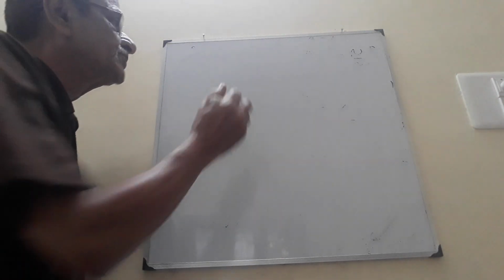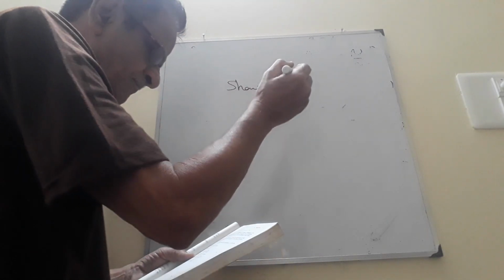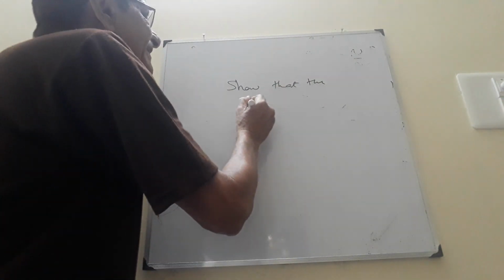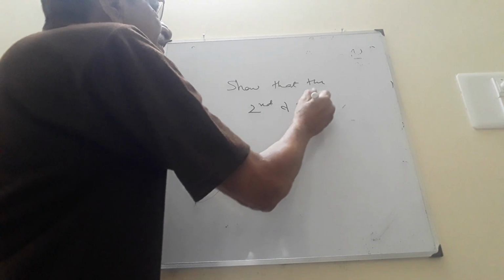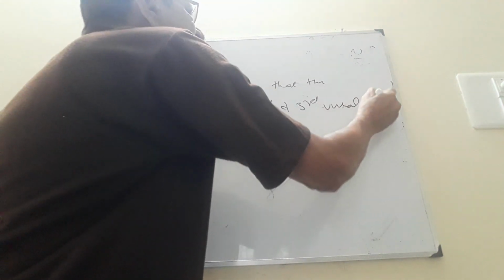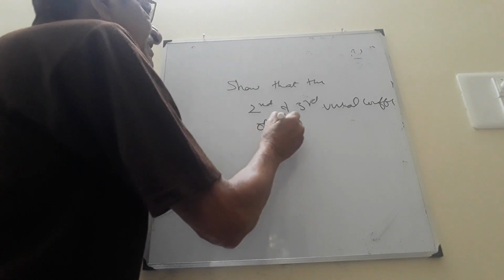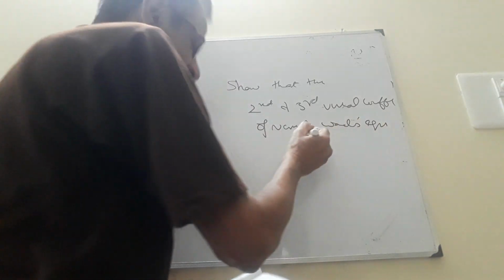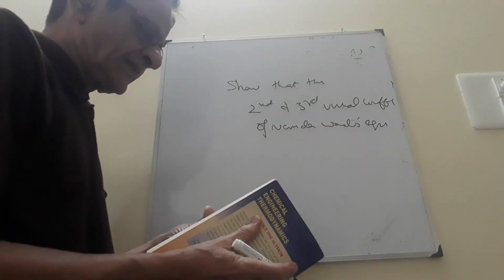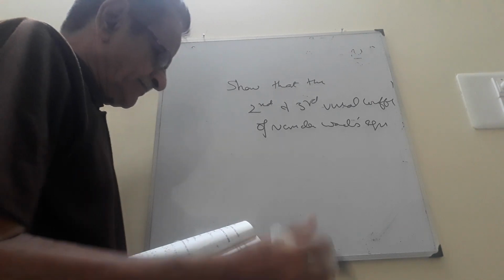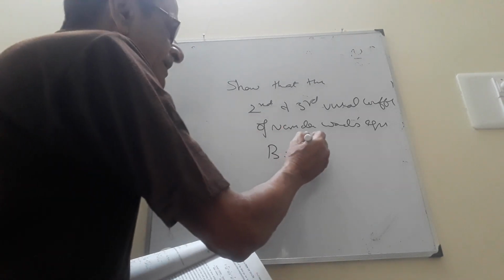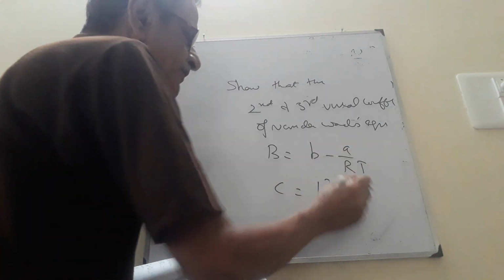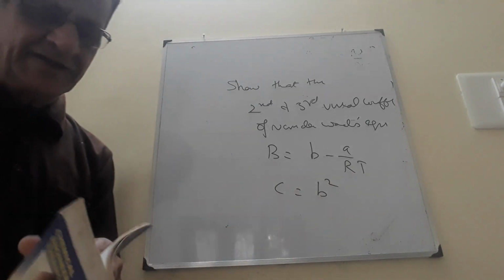Show that the second and third virial coefficients of the van der Waals equation are given by B equal to b minus a by RT and C equal to b squared. You try it out and let's see how you get it.